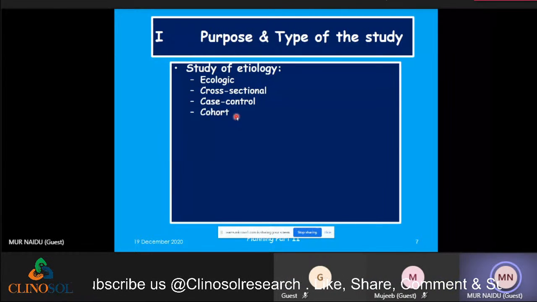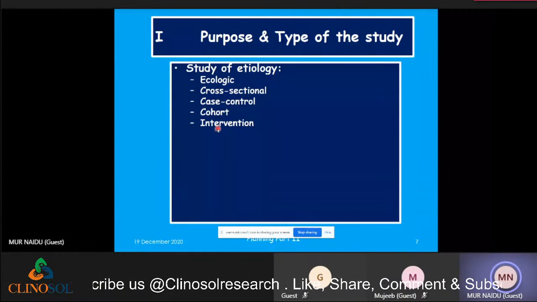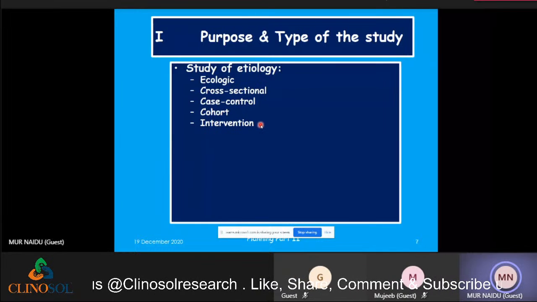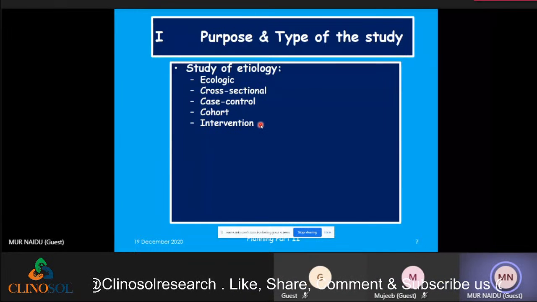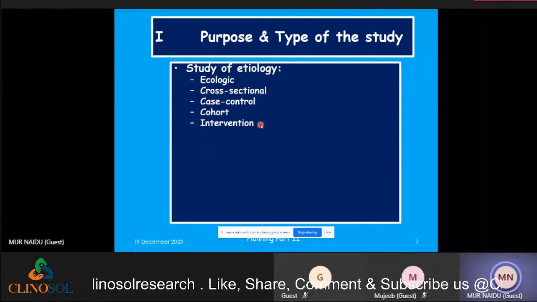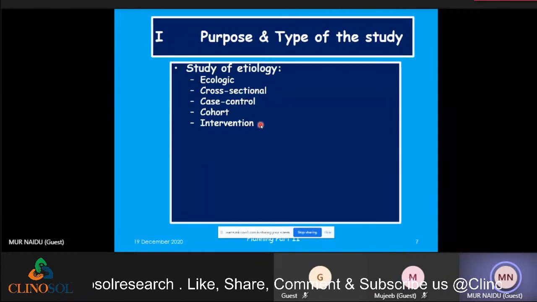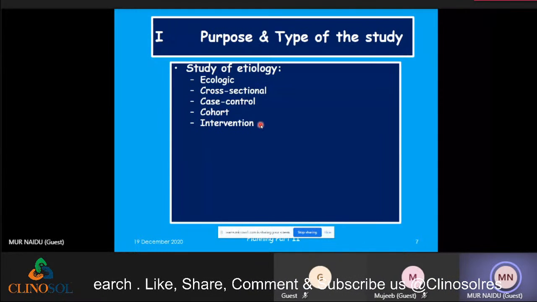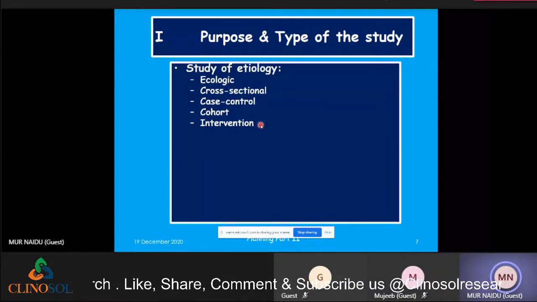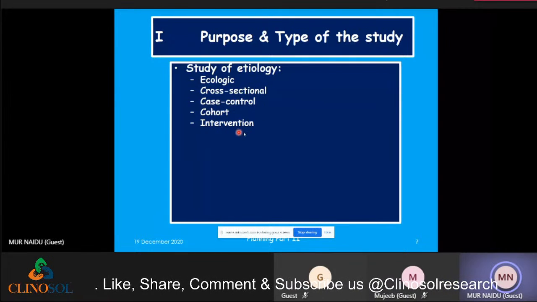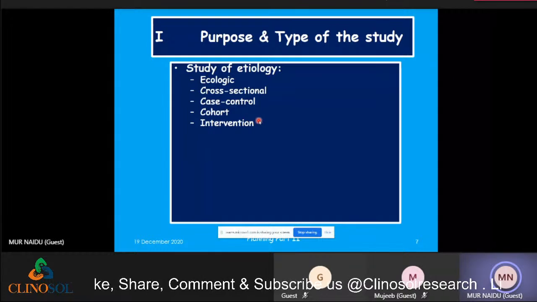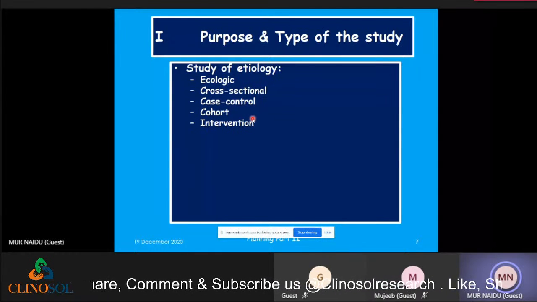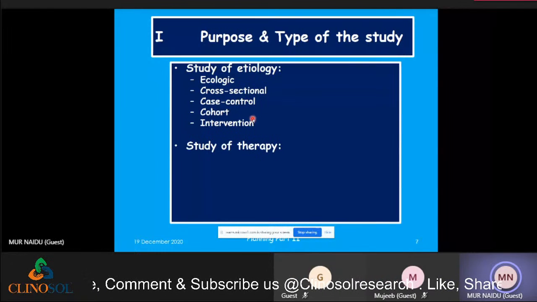Then the most common which we are doing is the interventional study, where you have some intervention in the form of a drug, a procedure or surgery, and when a patient comes, you do that surgery or intervention and you do the study. This is most common in phase 2 and phase 3 during drug development.